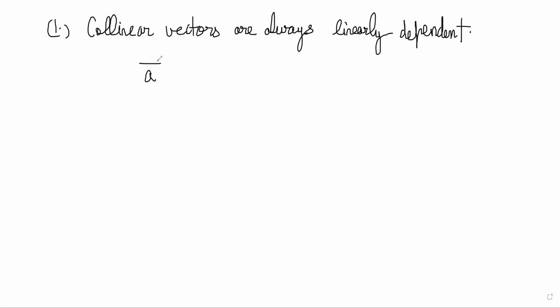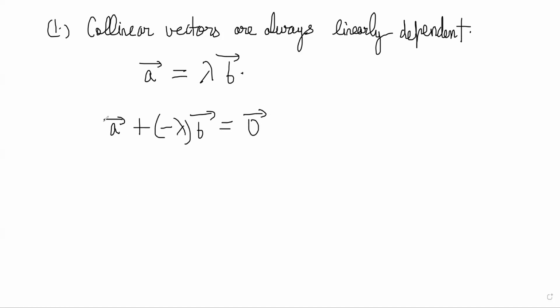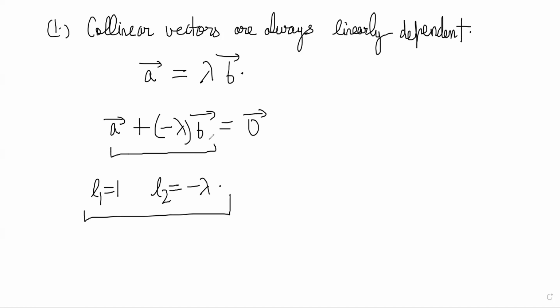If two vectors A and B are collinear, you can write A is equal to lambda B. And now we can write it like this: A plus minus lambda into B is equal to 0 vector. And you can see that the scalar L1 is 1 and L2 is minus lambda, and both of them are not 0. And you are able to add A and B as a linear combination and make it equal to the 0 vector. Therefore, we can say that A and B are linearly dependent.